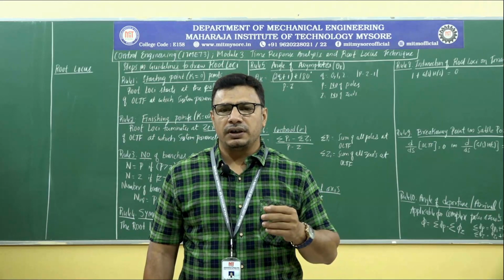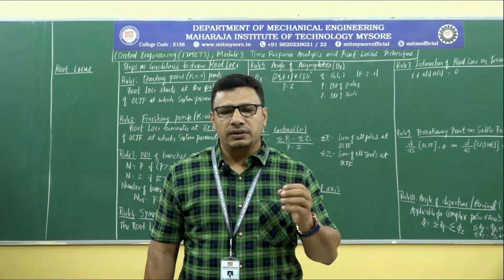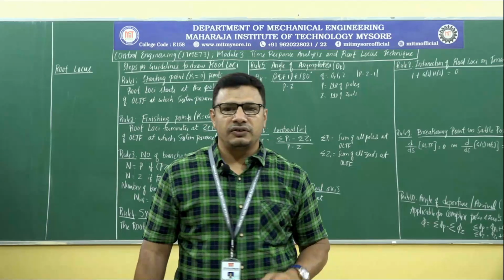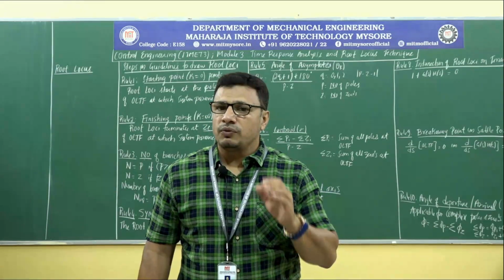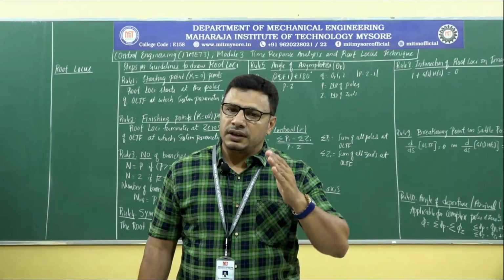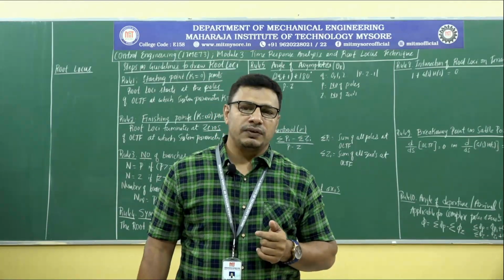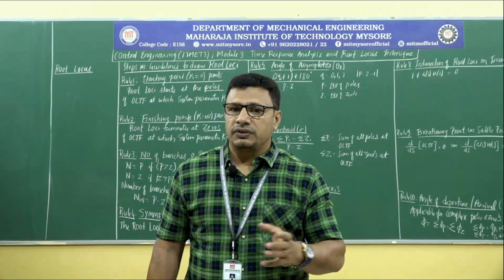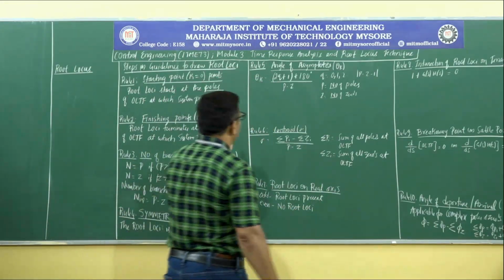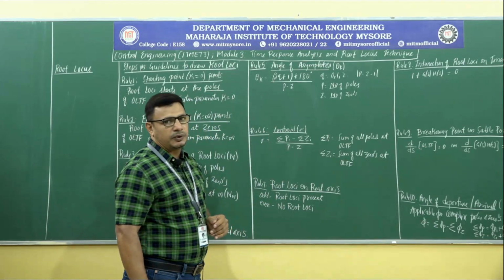Otherwise, the branches of root loci travel along the asymptotic straight lines. Whatever the angle of the asymptotic straight lines, along that direction the root loci will also be traveling. So it is important to know the angle of asymptotes. Rule number 5 speaks about the angle of asymptotes.